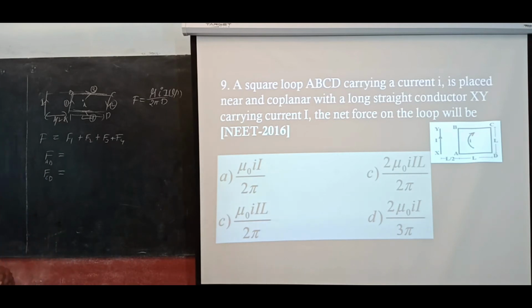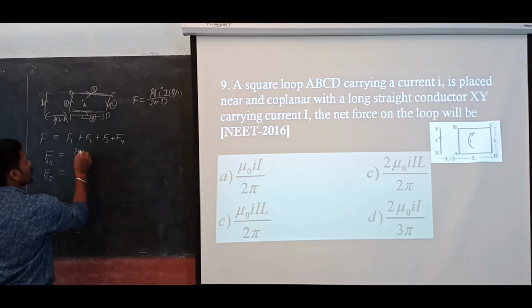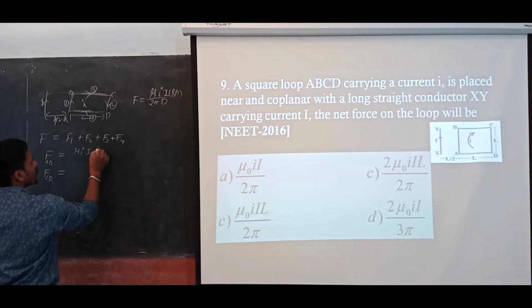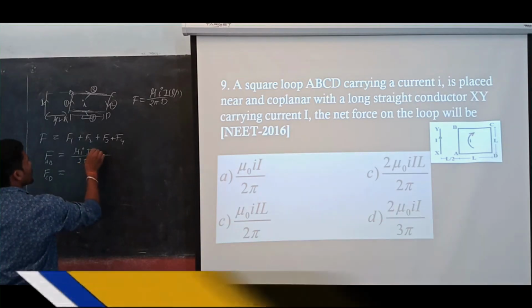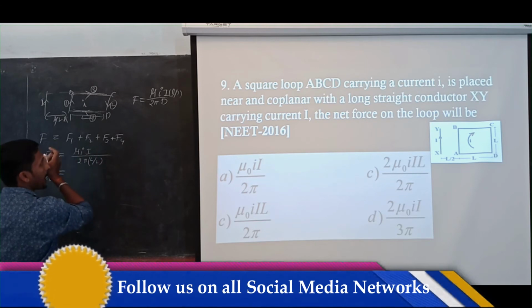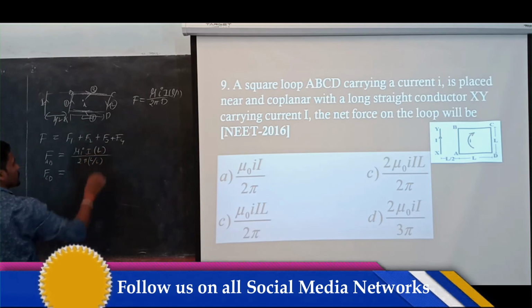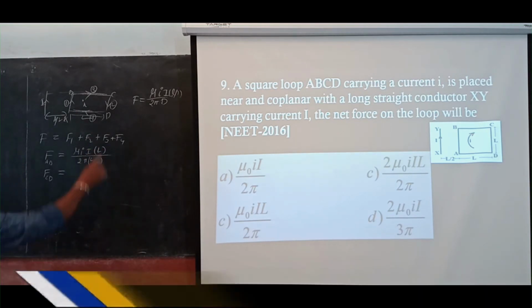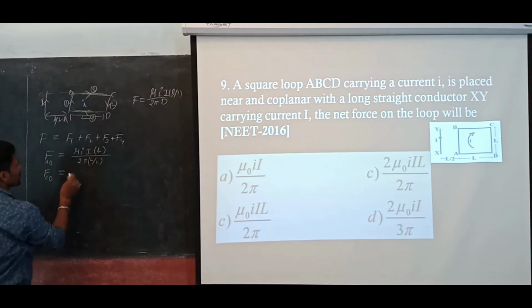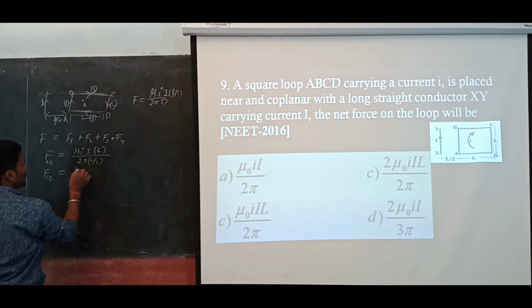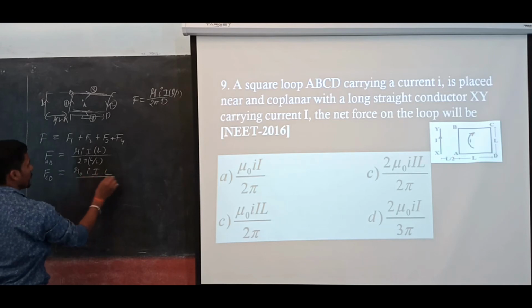Okay. So the force will be how much? It is equal to mu naught into I into i, divided by 2 pi times L by 2, which is the distance, for the length L. Now for CD, that is nothing but mu naught into I into i into L divided by 2 pi times the distance.